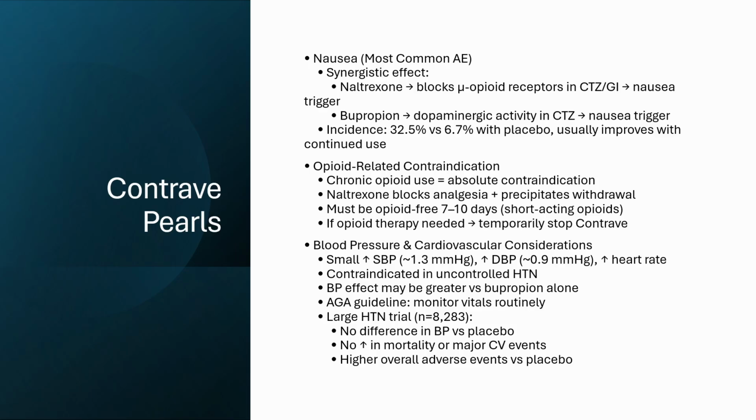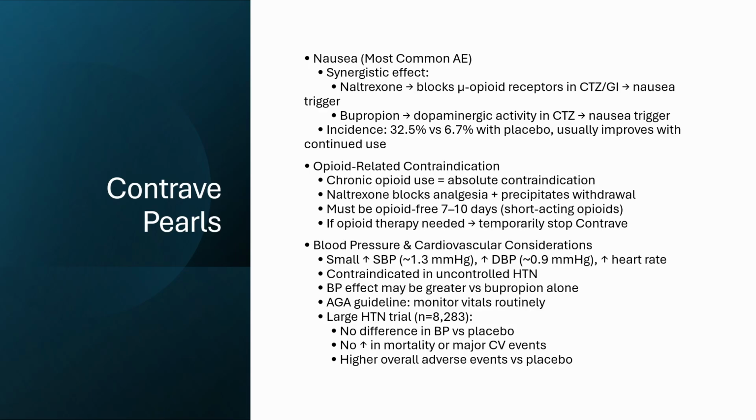Naltrexone blocks mu-opioid receptors in the chemoreceptor trigger zone and the gastrointestinal tract, which can trigger nausea and vomiting, while bupropion's dopaminergic activity in the chemoreceptor trigger zone is a well-established trigger for nausea. Nausea occurs in 32.5% of Contrave-treated patients versus 6.7% on placebo, nearly a 5-fold difference. Most patients do not experience persistent nausea with continued use.